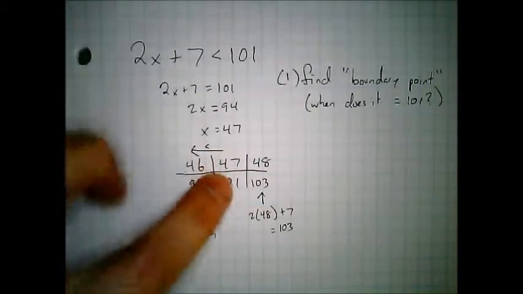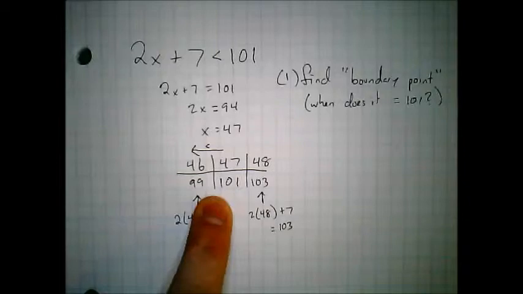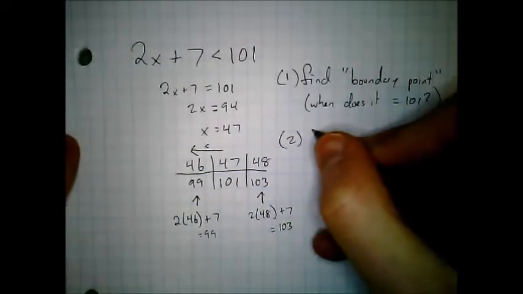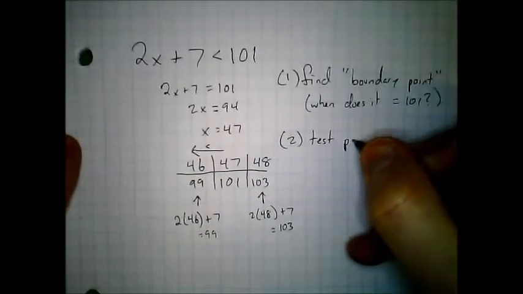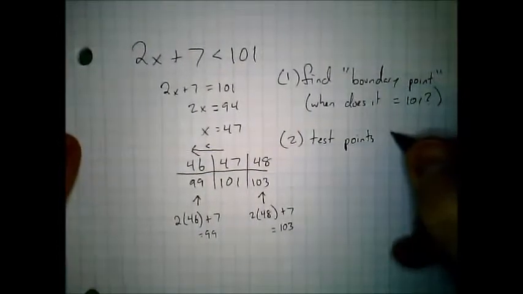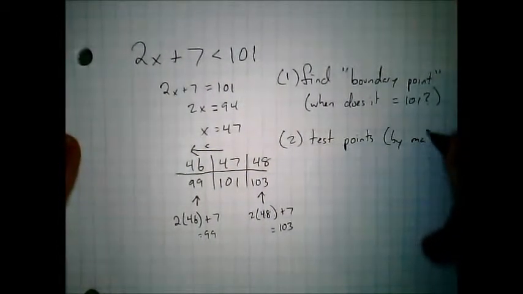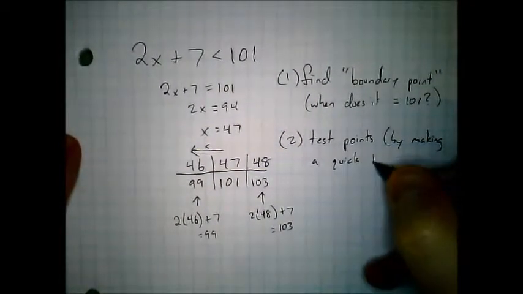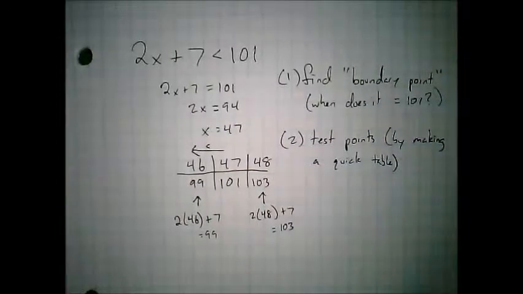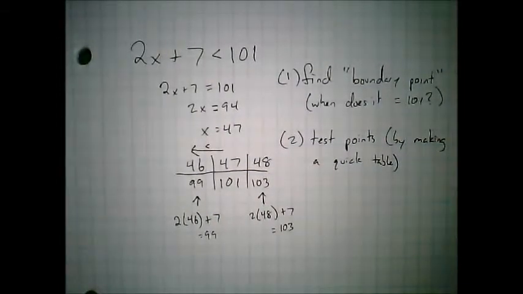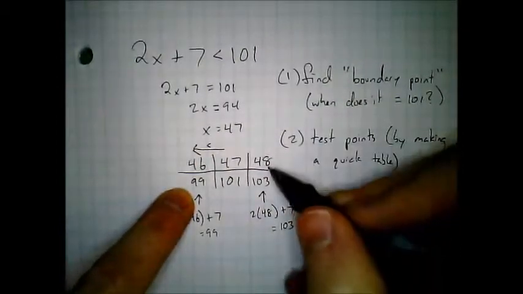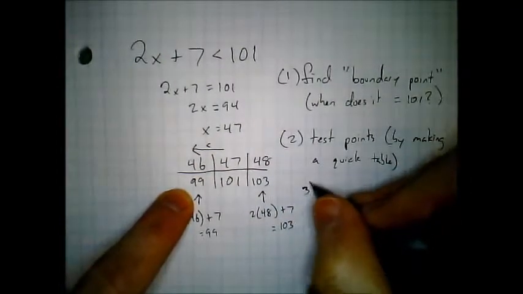So we just think before 47, it's less than 101, and this table helped us figure that out. So this second thing that we did was the tested points, and we did this by making a quick table. That's what we did here. 46, it's 99. 48, it's 103.